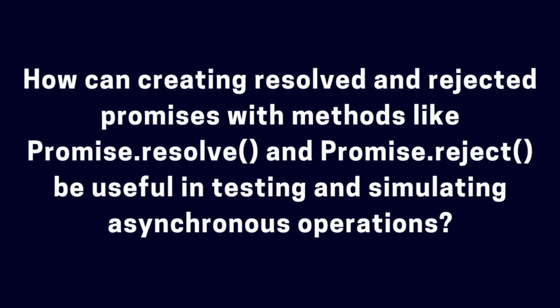This is particularly valuable in unit testing, where you may want to test how your code handles resolved or rejected promises, such as simulating successful API responses or error conditions, ensuring your code behaves correctly in different scenarios.